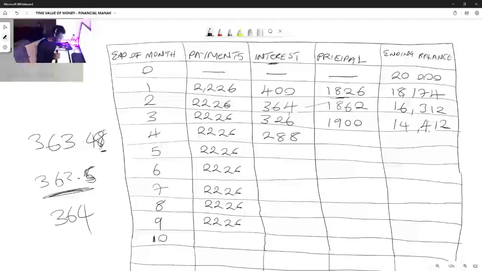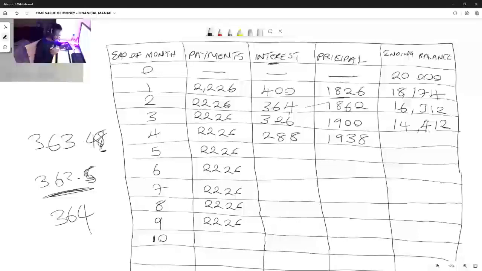We subtract this 288 from 2226, which gives us 1938 as our principal for period 4.